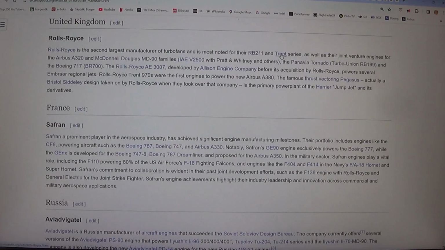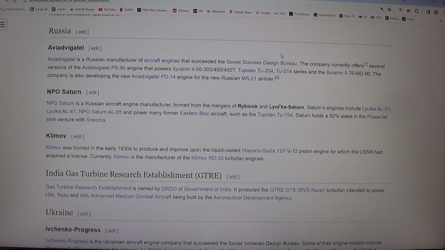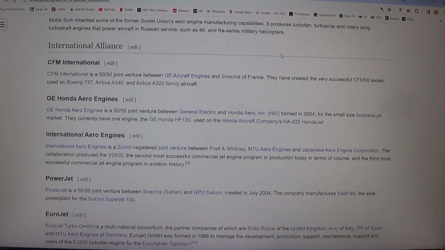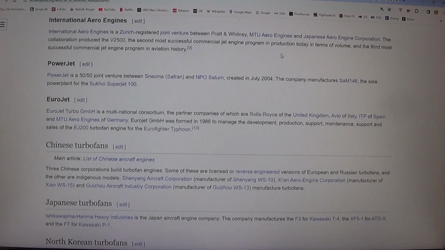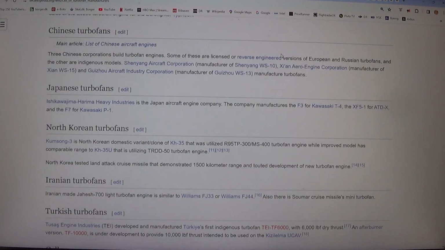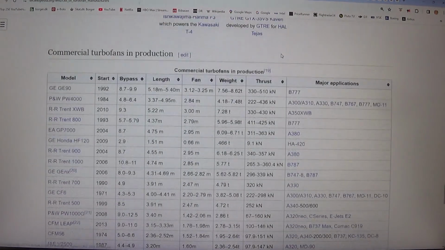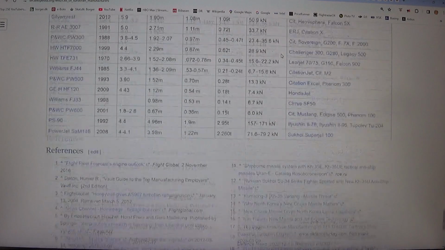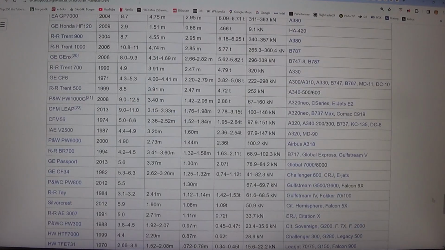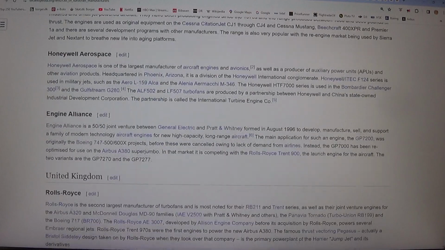EAGP 7000 2004 8.74.75 M2.95 M6.096.71 T311363 KN a 380. R Trent 900 2004 8.74.55 M2.95 M6.18 6.25 T34357 KN a 380.